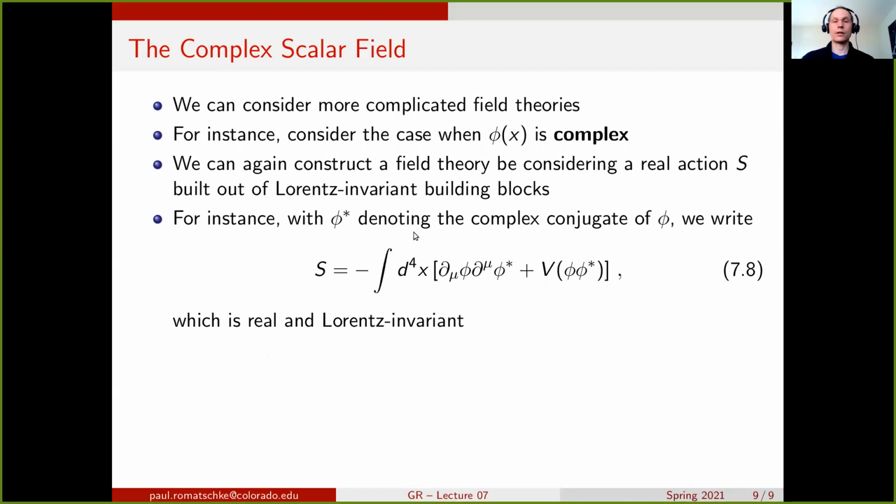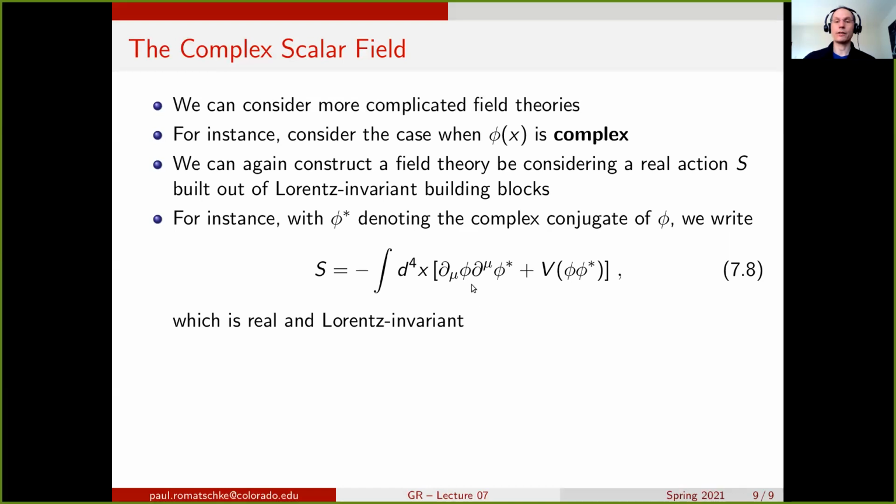If we denote the complex conjugate of phi by phi star, we can fairly easily find an action that fulfills these properties. For instance, it's given by d mu phi star d mu phi plus a potential that is a function of phi star phi. And that has the property of being Lorentz invariant because all the indices are summed over.